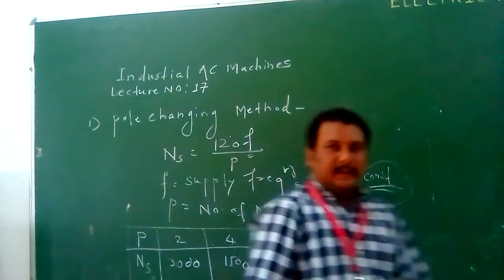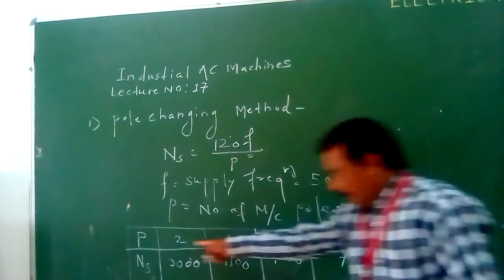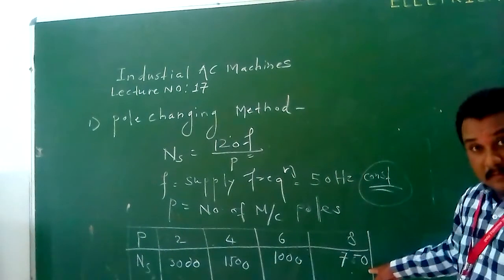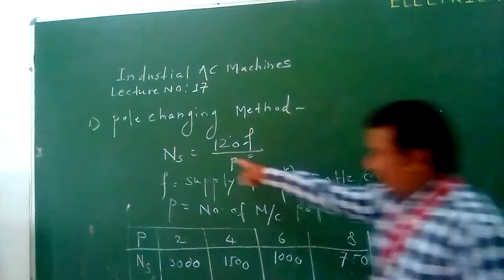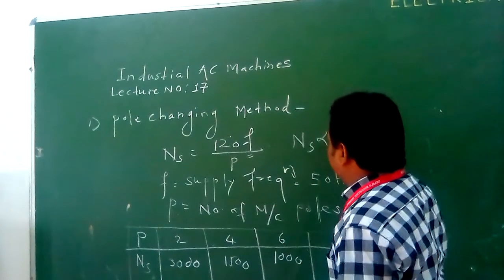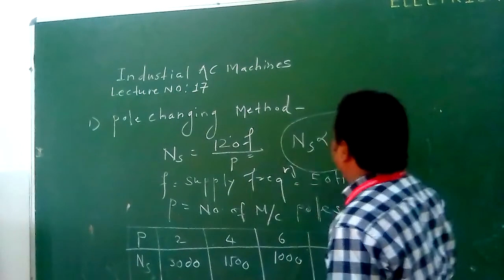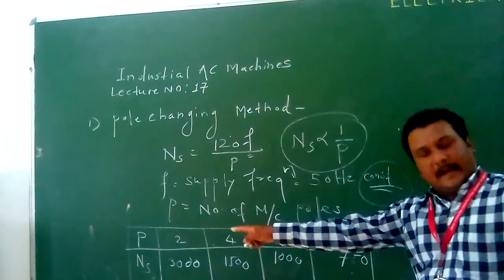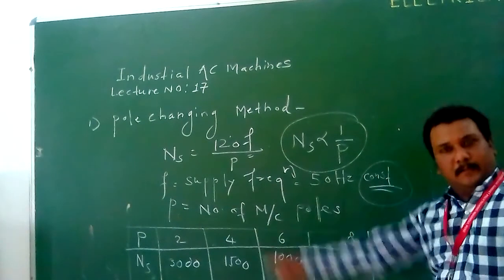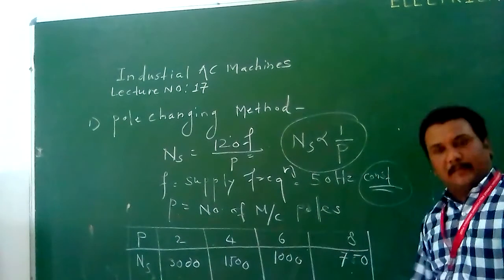As the poles increase, the synchronous speed decreases, because by this formula synchronous speed is inversely proportional to P. We can verify this relation by considering different numbers of poles.